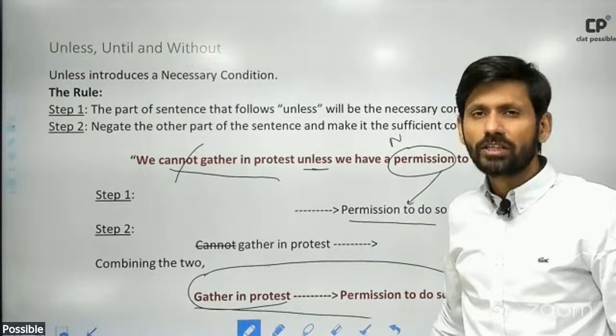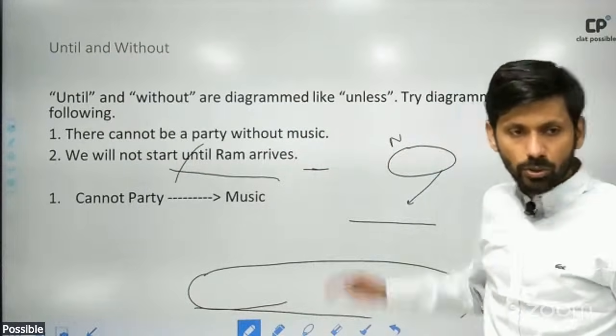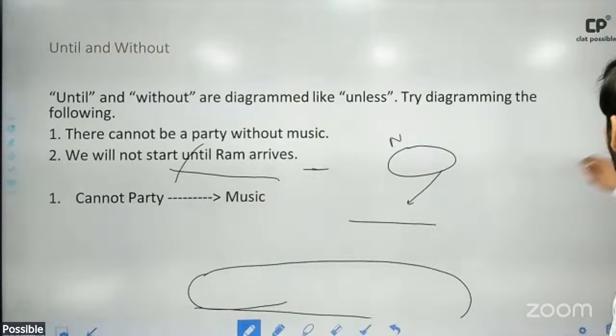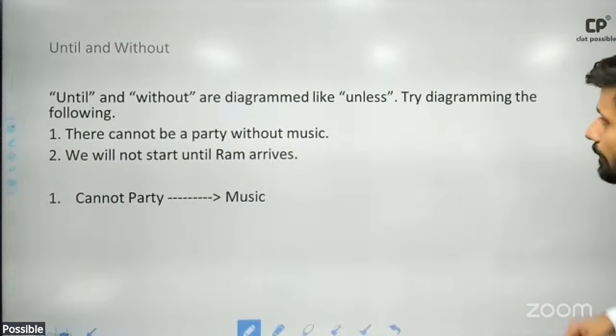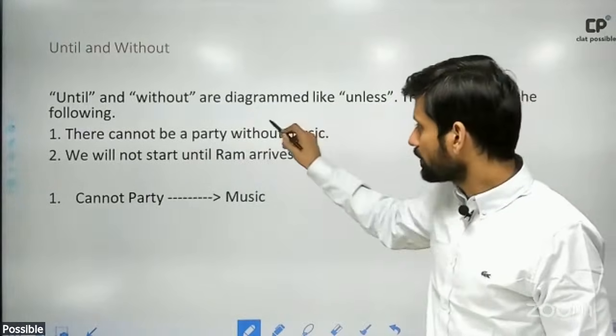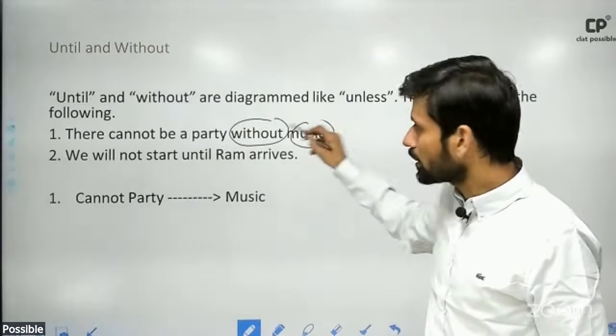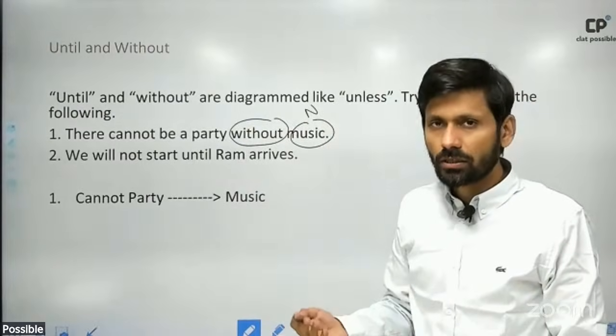और until और without का same rule है, कोई complication नहीं है. So we have a statement, there cannot be a party without music. Okay, so cannot be a party without music. Without music, so without will introduce necessary, music is necessary. For what?